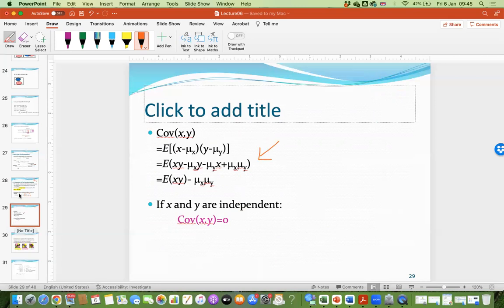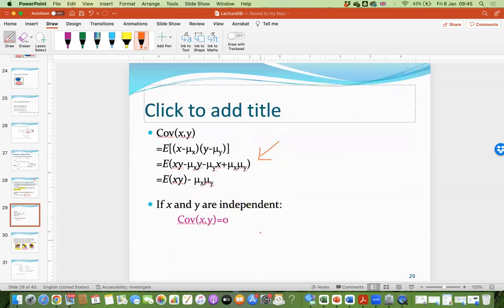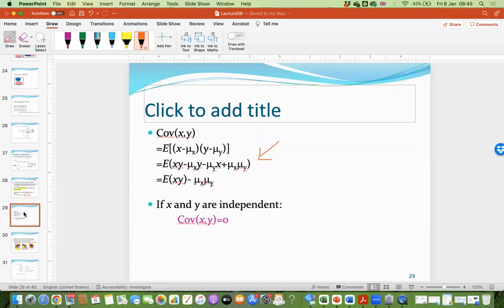Like I mentioned just now, covariance can only show you whether there is a strong slope, positive or negative. With the step that we have learned, and also confirmed with the covariance, then x and y are independent.